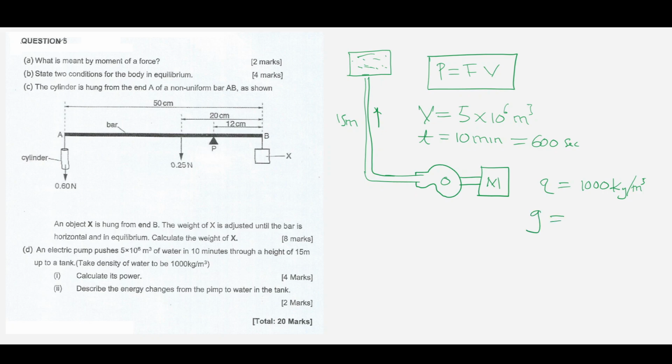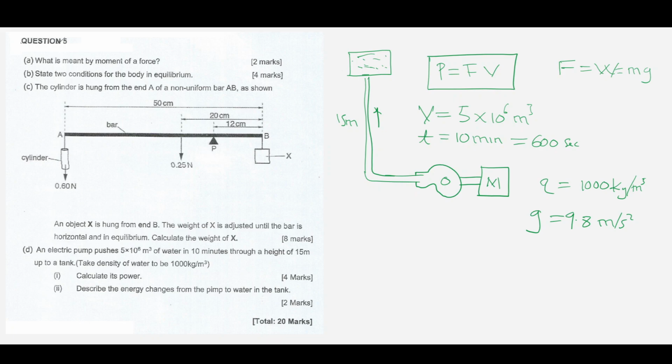We know that g is equal to 9.8 meter per square second, like that. Okay, so from here we know that the force F is equal to the weight, because water is being pushed upwards, meaning it's going against gravity. So the force that we'll be dealing with is the weight, which is the mass times the gravity, so the weight is equal to mg.